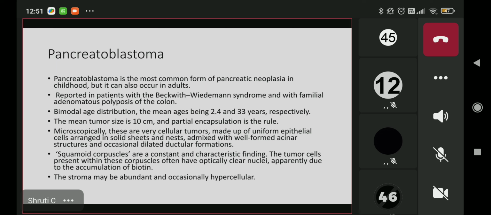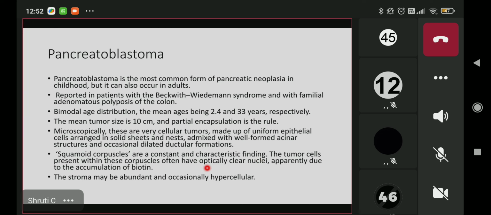Microscopically, here you will find solid sheets and nests of tumor cells, but some acinar structures and some ductular formations can also be seen. What is specific for this tumor are the squamoid corpuscles. They are a constant and characteristic finding.